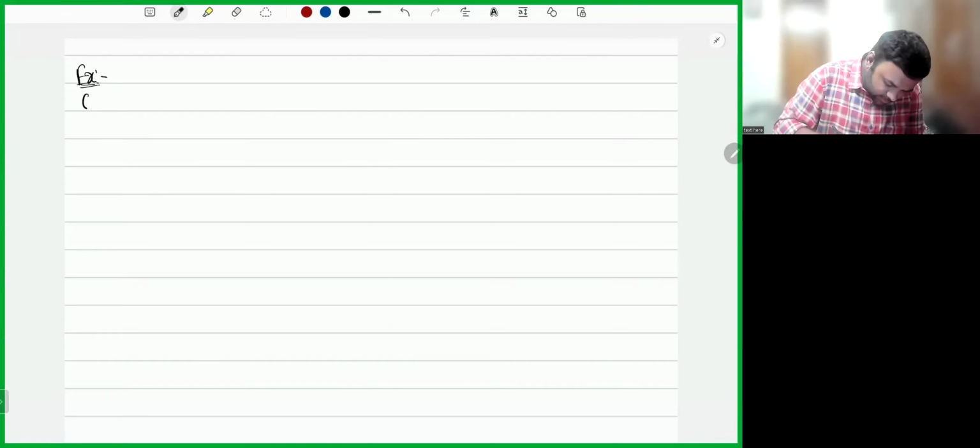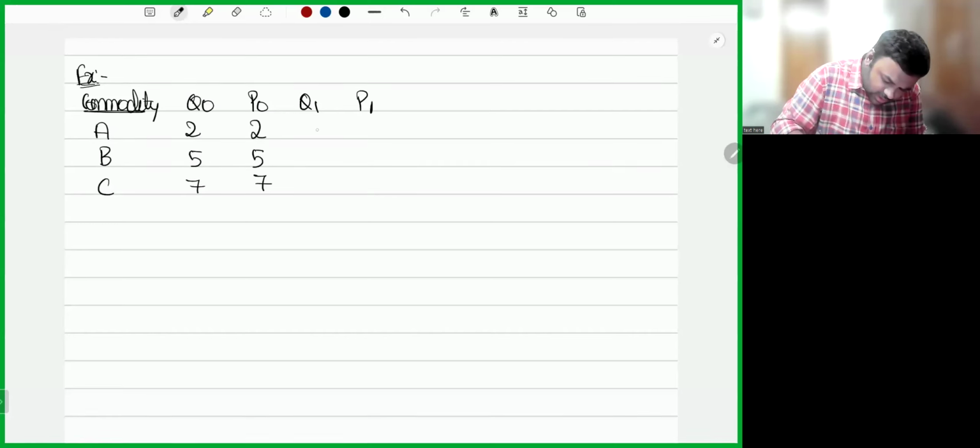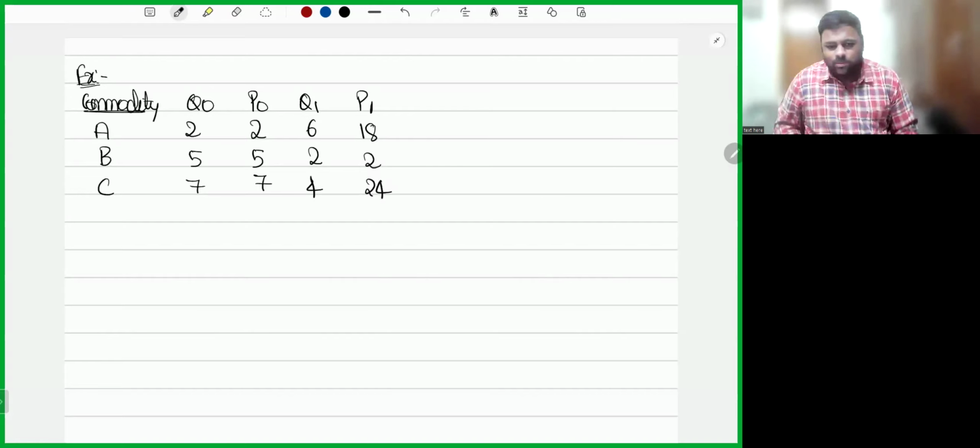I'm having commodities, total 3 commodities A, B, C. I'm having Q0, P0, Q1 and P1: 2, 5, 7, 2, 5, 7, 6, 2, 4, 18, 2, 24. Let's calculate Lowe... Laspeyres, Paasche, Dorbish-Bowley and Fisher's.